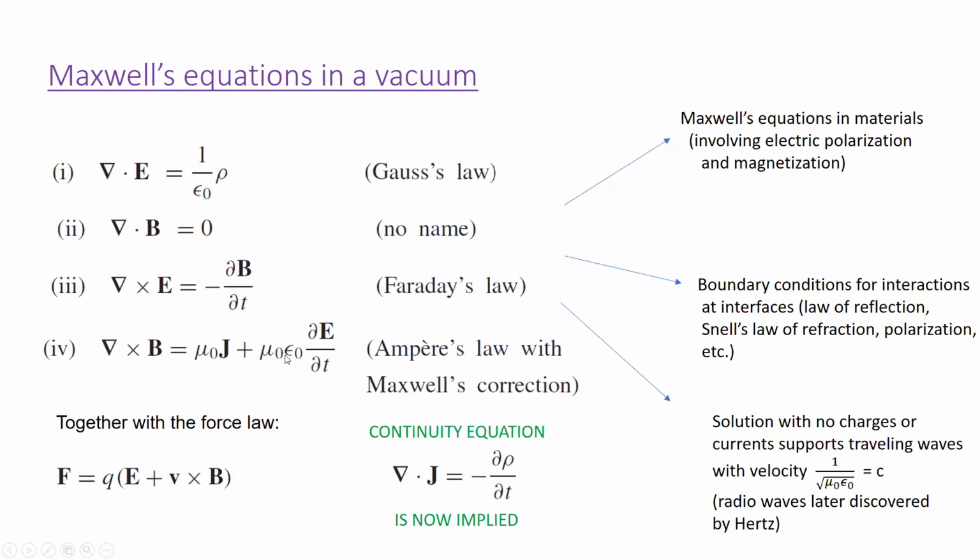And it turns out that those equations support traveling wave solutions, which Maxwell showed. And he showed that those waves travel with a velocity equal to an expression involving this combination of constants, mu naught and epsilon naught. Specifically, he found it was 1 over the square root of mu naught epsilon naught.